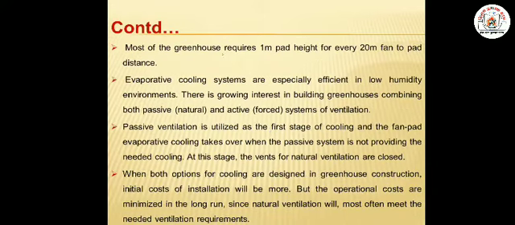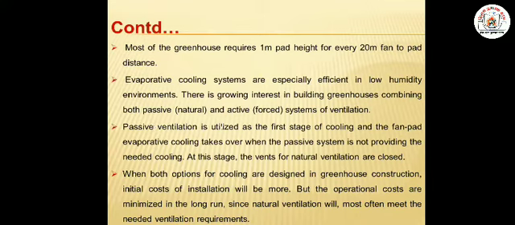Most greenhouses require 1 meter height of the cooling pad for every 20-meter fan to pad distance. Evaporative cooling systems are especially efficient in low humidity environments. There is a growing interest in building greenhouses combining both passive, that is natural, and active, that is forced, systems of ventilation.